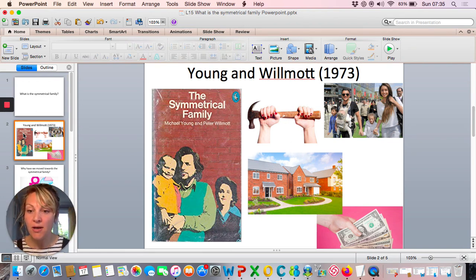So while men and women may carry out different tasks within the family, they spent an equal amount of time on them. You can see here, and I've put some images up, that although women mostly looked after the housework and the childcare, men spent a lot of time within the house doing DIY tasks, for example.